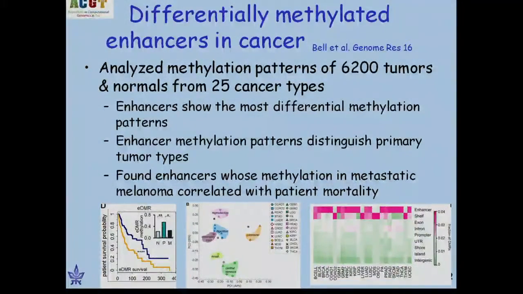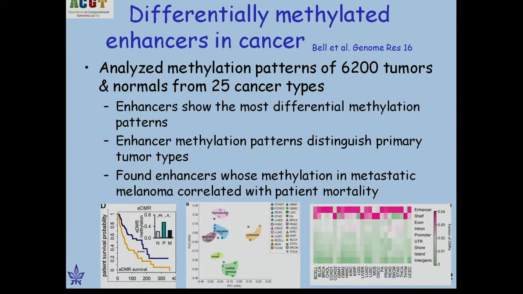But before I start with the main topic, let me just mention briefly a paper that just came out in Genome Research, where we analyzed the methylation patterns of thousands of tumors, 25 cancer types, and enhancers seem to be the most differential in terms of the methylation pattern that they show between the normal and the cancer tissues, and this is pretty uniform across the tissues.